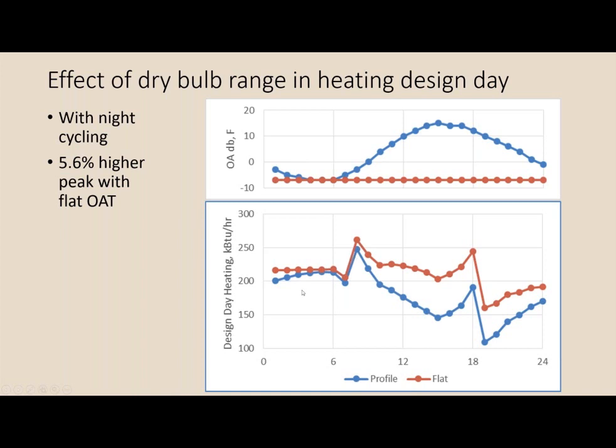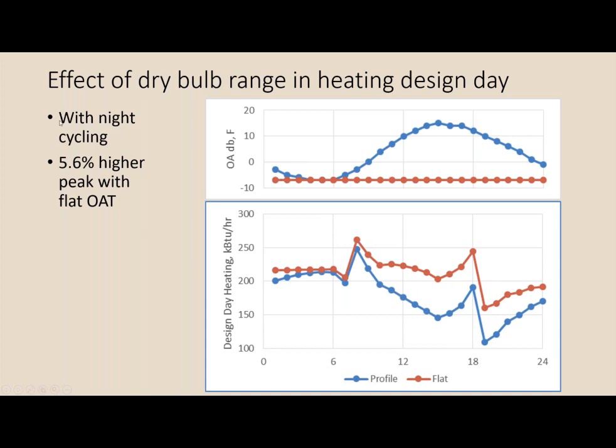So the design day heating, this is a 24-hour load profile for that building. And when the system comes on in the morning, you get that peak. And with the daily range, you're getting significantly, about 5.6%, lower peak than with a flat profile.